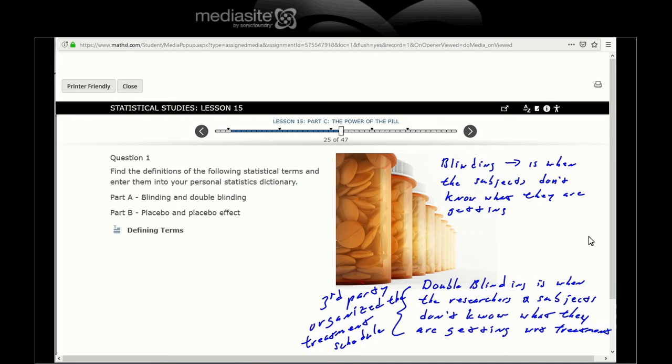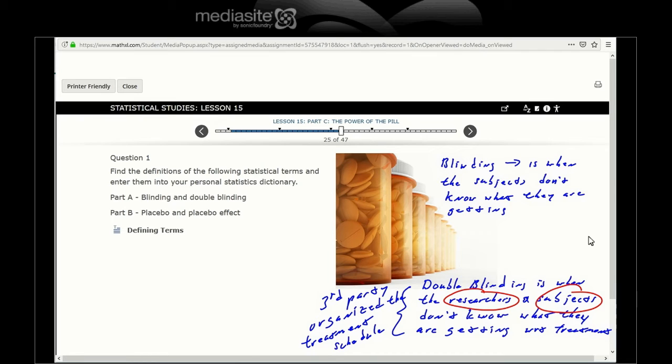So someone knows who's getting the placebo. Someone knows who's getting the treatment, whether treatment A, B, or C. Somebody knows, but the person who's administering the research, giving out the pills or giving out the treatments, and the subjects, they don't know who's getting it.